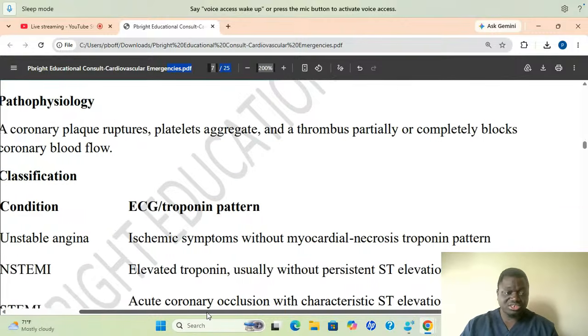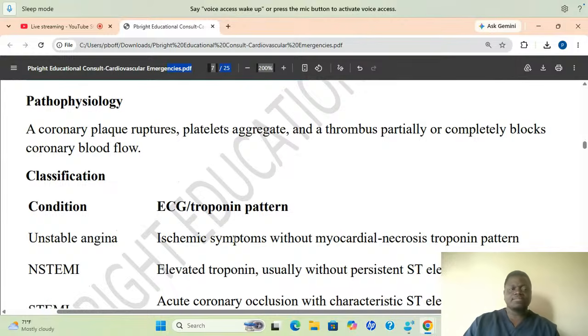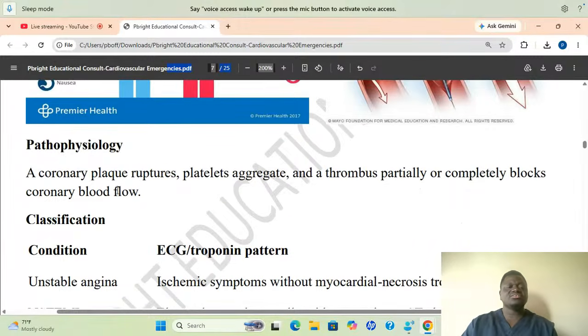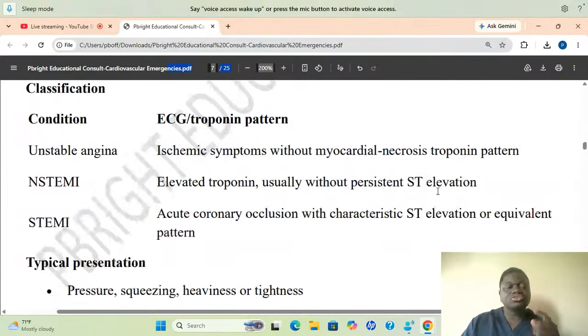So you should take note of that. The coronary artery can be blocked by a plaque, a platelet aggregating there, or a thrombus. All of these can block it.